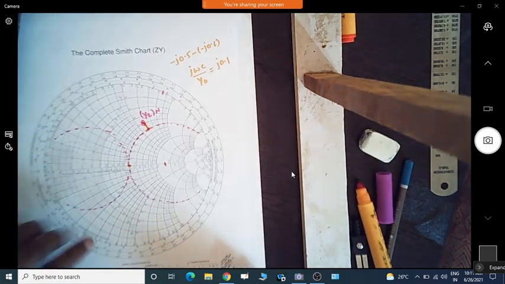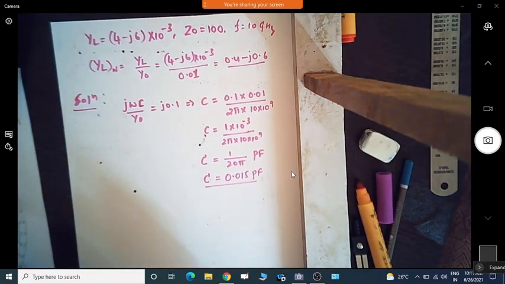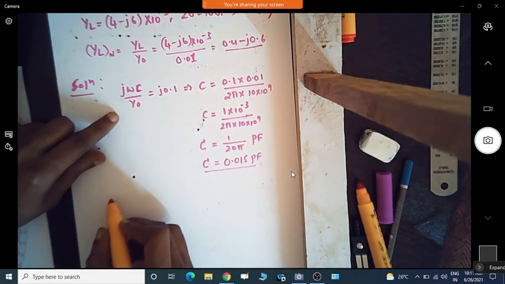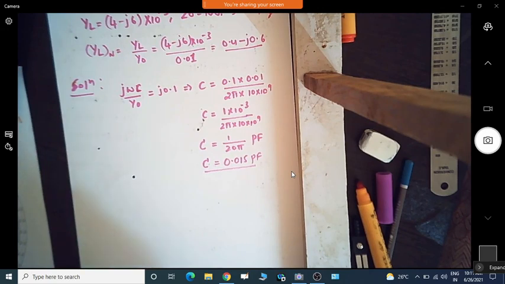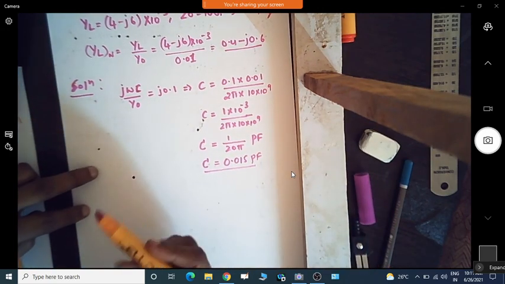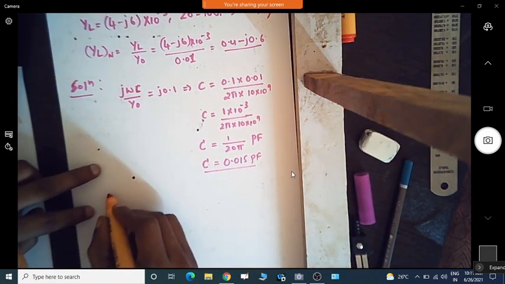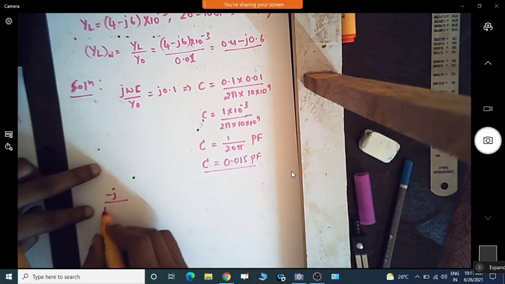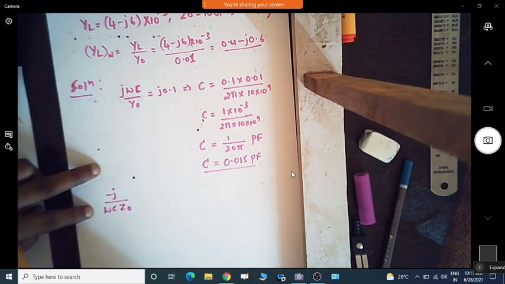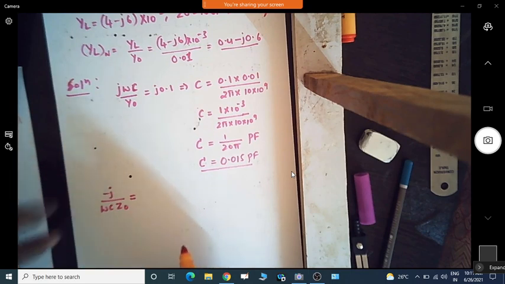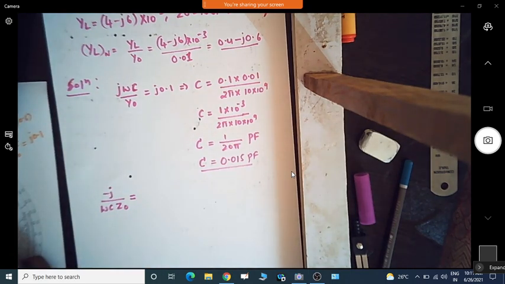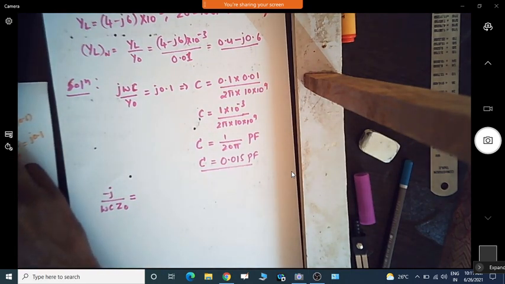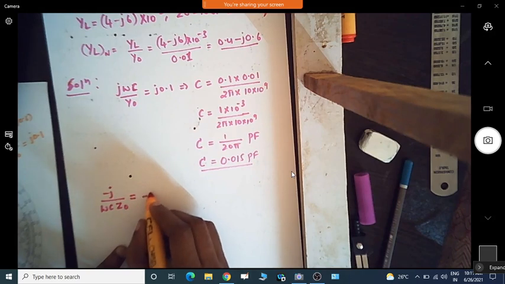For the series capacitance, the formula is minus j by omega C Z0. So it is 0 minus j1.2, which is equal to minus j1.2.